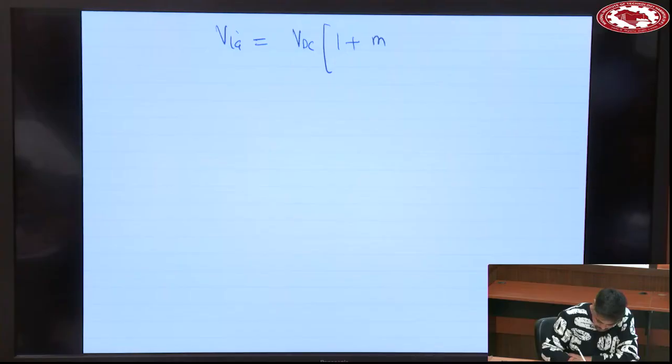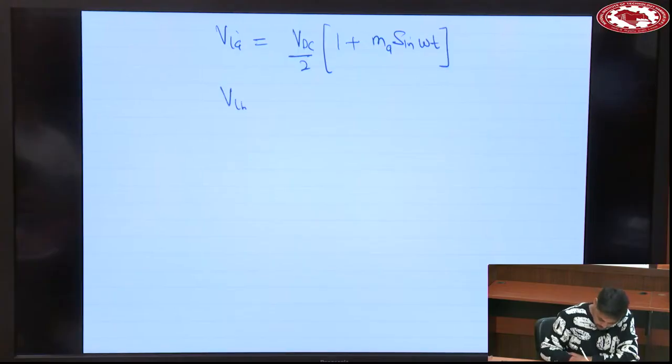One more aspect. You know that Via was Vdc times 1 plus 1 by 2 m sin omega t. Via was Vdc by 2 times 1 plus ma sin omega t, taking 1 by 2 outside the bracket.